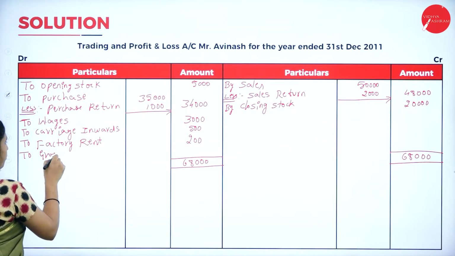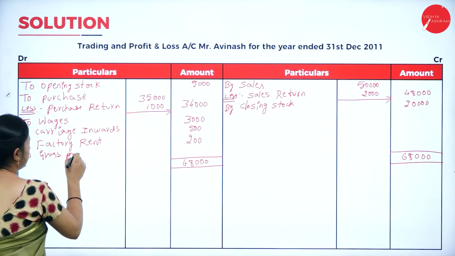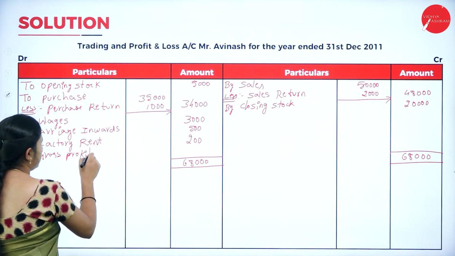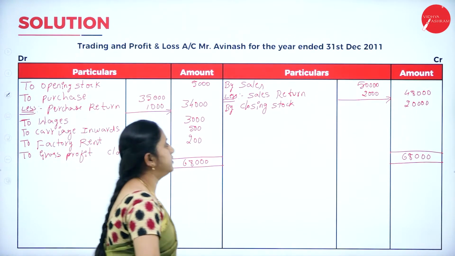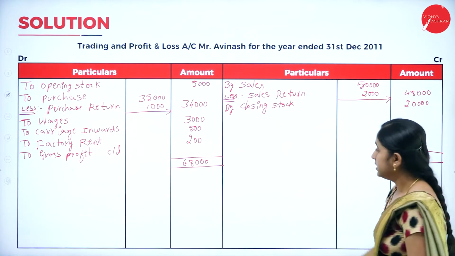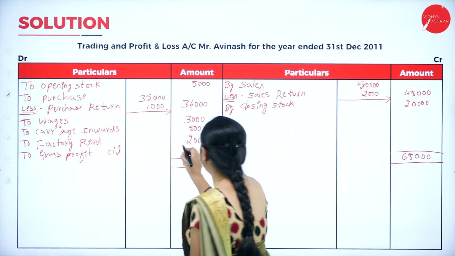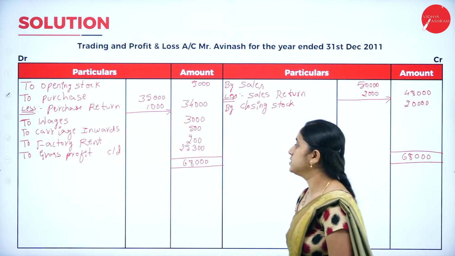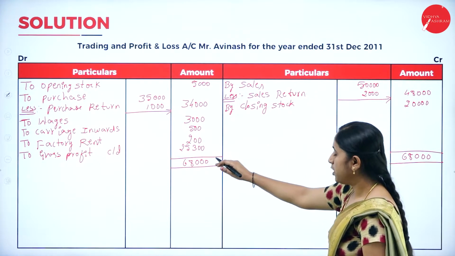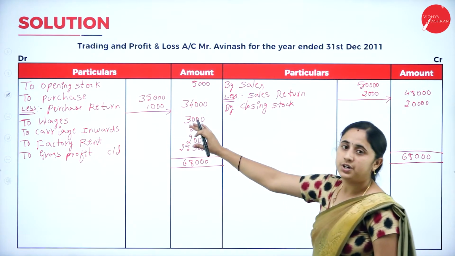To gross profit carry down. Find the difference between debit and credit. The difference is 25,300. 25,300 is the gross profit. So this is all about trading account.